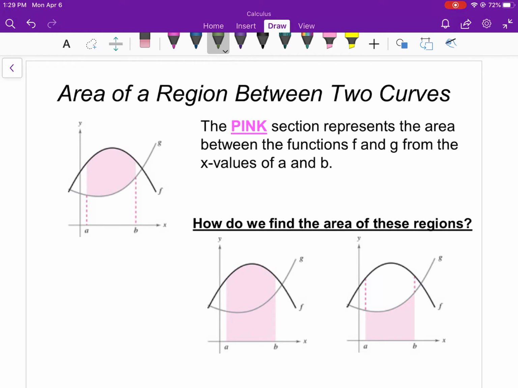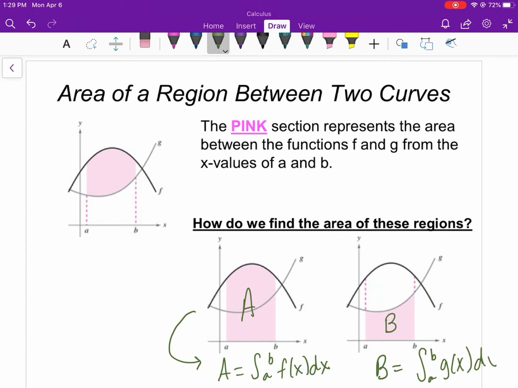Well, what we need to do is consider that if we're finding the area here, and we'll call this area A, that's just the area underneath curve F. Okay, if we're going to be finding the area we'll call B, that's just the area under curve G. All right, if we're interested in finding this area in the middle, I'm going to call it C, then we're going to be subtracting the area B from area A.